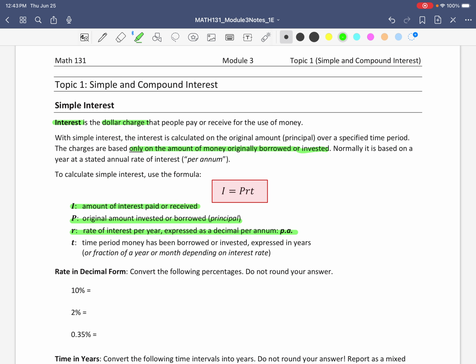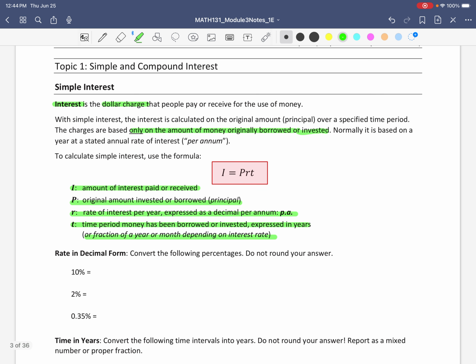And then finally, T is the time period money has been borrowed or invested. It's expressed in years, but can also be expressed as a fraction of a year or month, depending on the interest rate. So we're going to be sure to take care at making sure that we read our questions carefully.